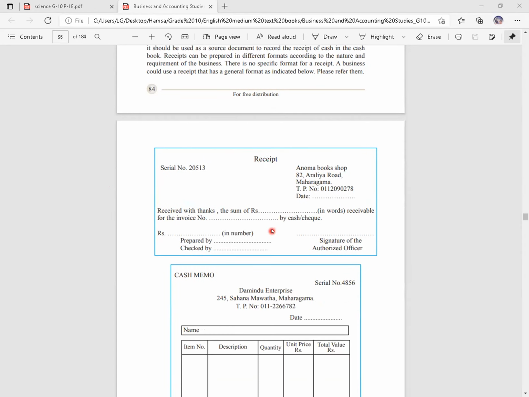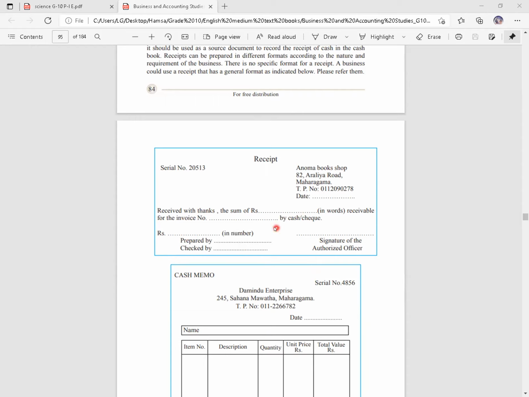So when you prepare this receipt, the original will be given to the debtor. In my example, if the debtor is paying you 100,000, you will fill up all these blanks and give the original receipt to the debtor. When you give the original, you should also have a copy of it. Why should you have a copy?